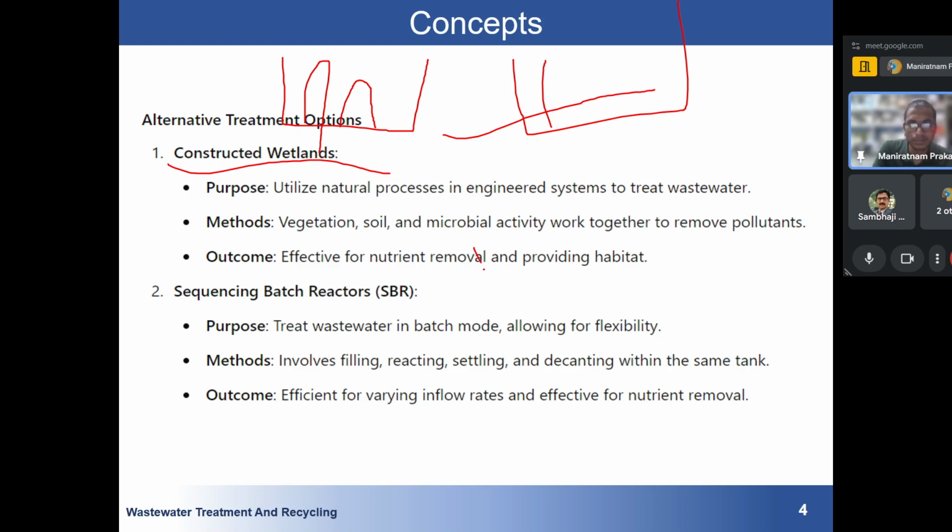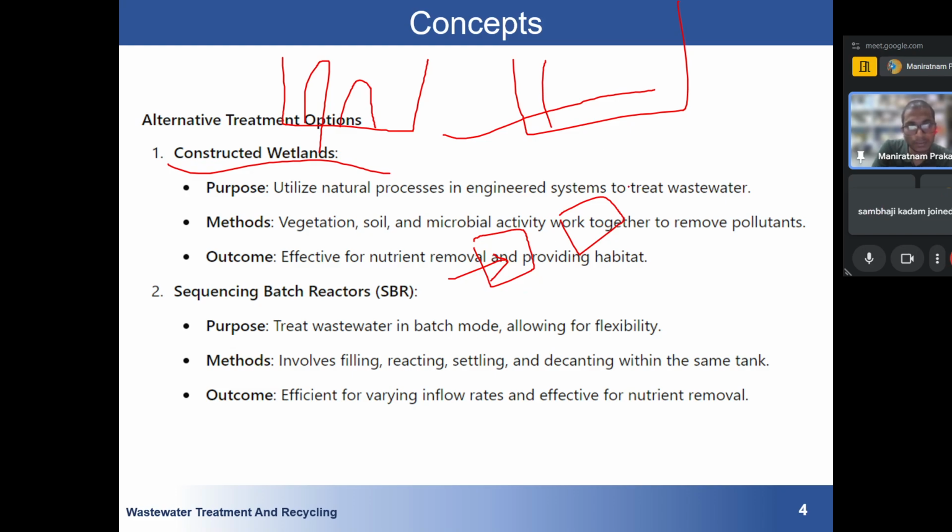Remember, batch means there will be some batch. They are set up so that wastewater is allowed to reside in this unit for some time, and after its treatment, after one batch, the water passes into the second batch.